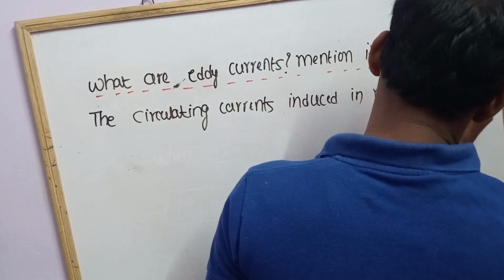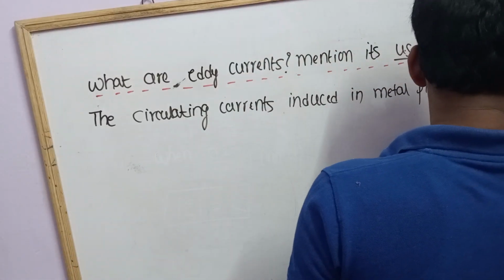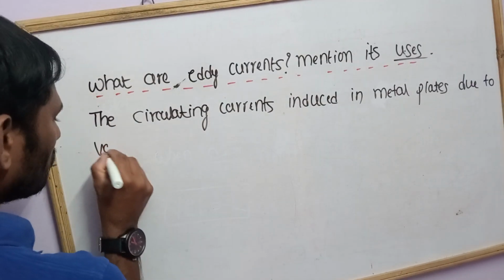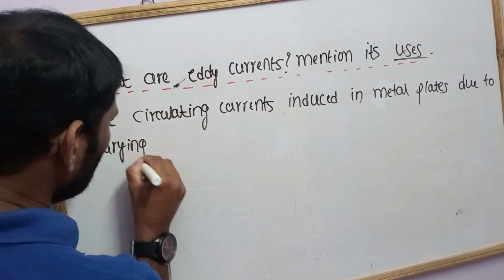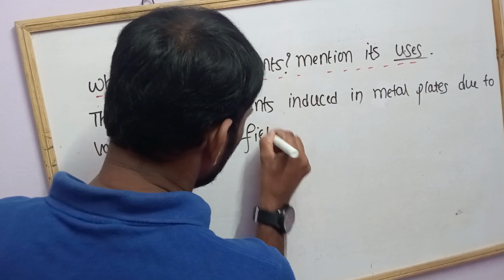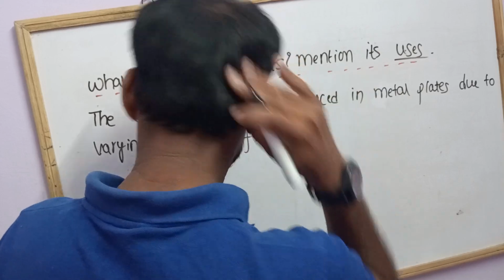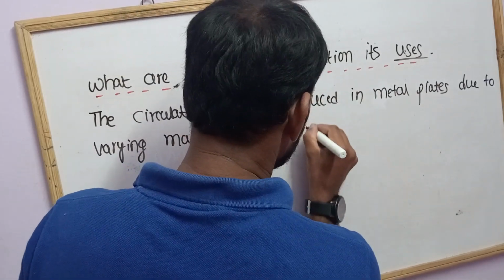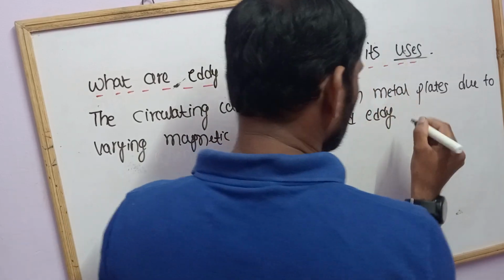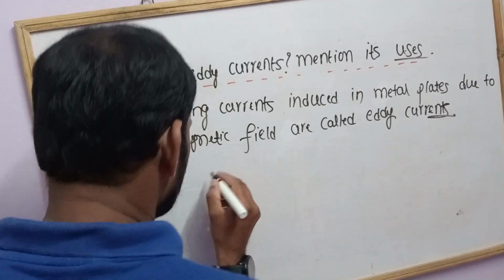Induced in metal plates due to varying magnetic field. Currents induced are called eddy currents.